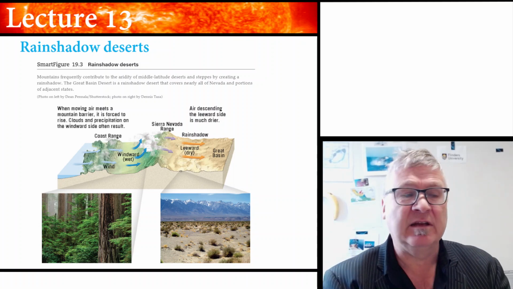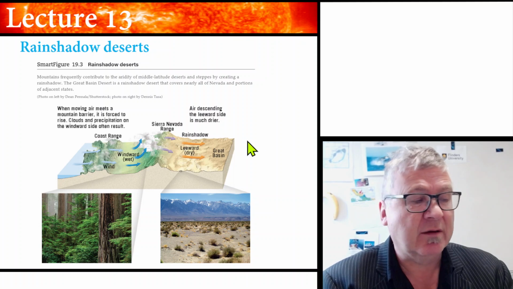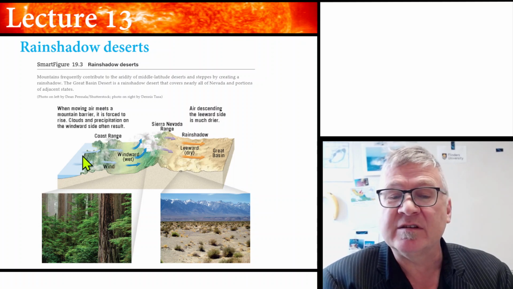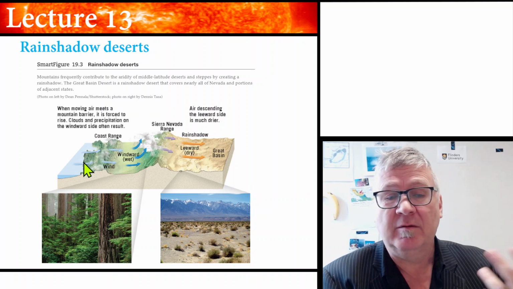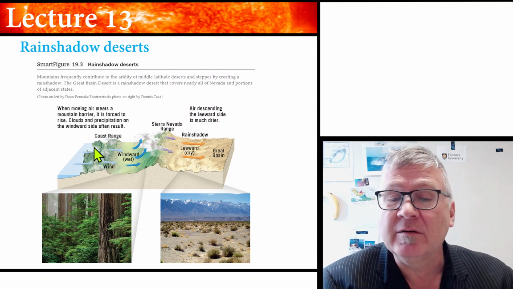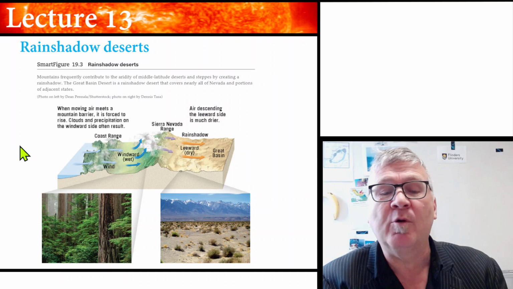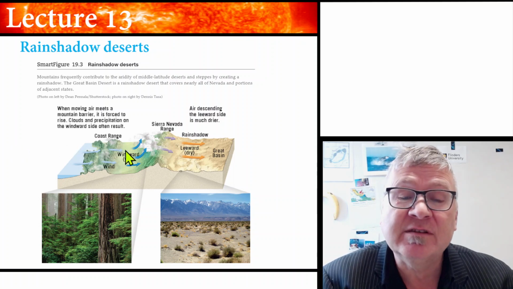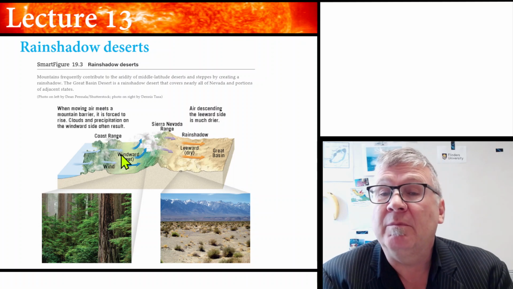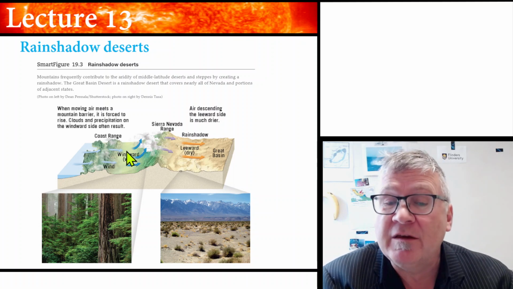This is just a little sketch showing rain shadow deserts, where you have winds bringing moist air from the oceans, moving it over the land, inducing a vertical motion in the atmosphere because of the topographic effect.